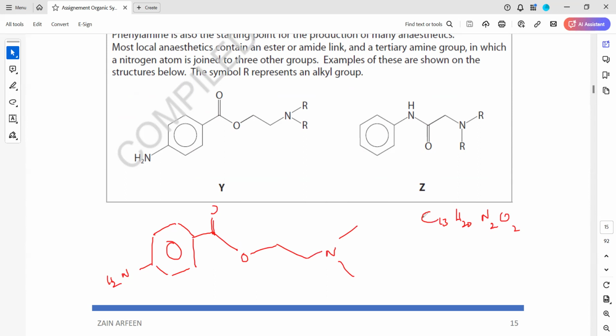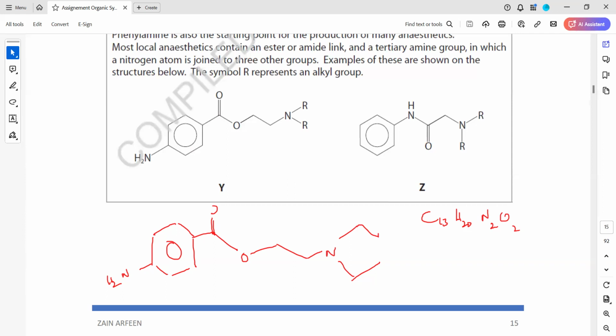So out of 13, how many are we left with? We are left with 4. So I can say C2, if I'm doing a skeletal formula, then 1, 2, and then 1, 2. This will be the skeletal. If I'm drawing the structural formula, then I should write it out.